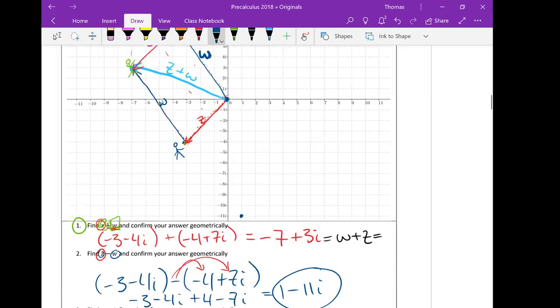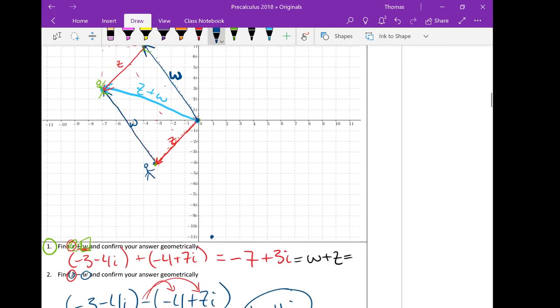Well, normally, w tells us to go left 4 and up 7. If we wanted to go the opposite direction, we would have to go to the right 4, 1, 2, 3, 4, and down 7, 2, 3, 4, 5, 6, 7. So the right 4, and down 7. This would be like negative w. Starting at the origin, it goes down to the right instead of up to the left.